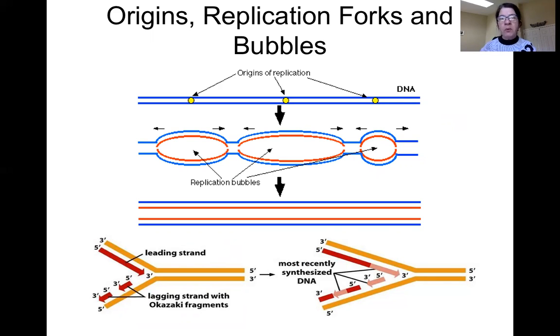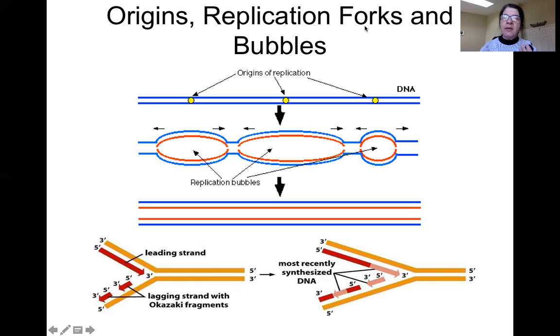If you just have one origin of replication, you're going to wait forever for this DNA molecule to be replicated. So DNA replication will happen at the same time at multiple different places. It'll start at multiple different places because there are multiple different DNA replication origins. For instance, in humans, we have around 10,000 different replication origins.